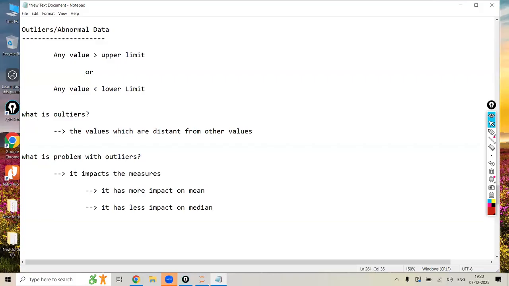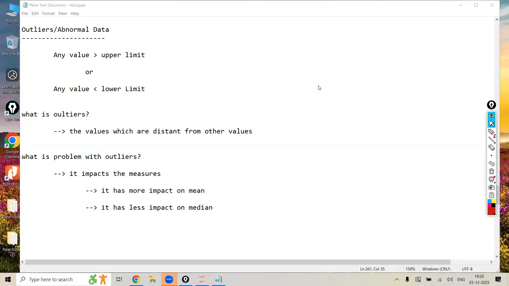On the median, the outliers' impact will be comparatively less. But on the mean, it will have more impact.